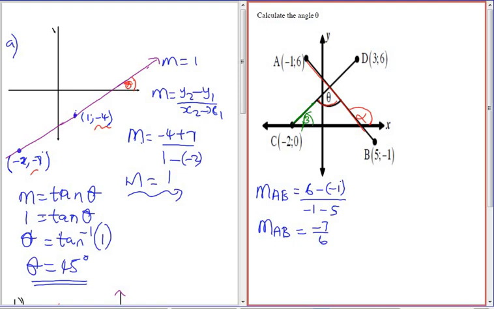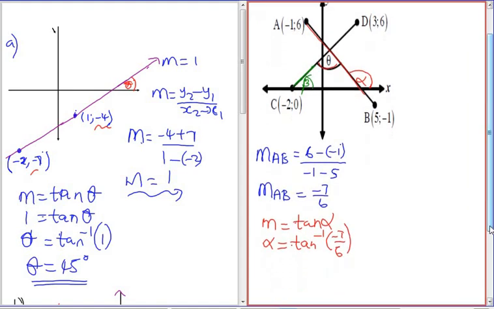So to get the angle of inclination, which we are calling alpha now, I'm going to say m is equal to tan alpha. Okay? It's alpha that we're talking about. So at this point, to get alpha, I may just have to say the tan inverse of -7/6. Well, because it's negative, we expect to actually still add 180 at one point. So let's go ahead and use our calculators to get this alpha first.